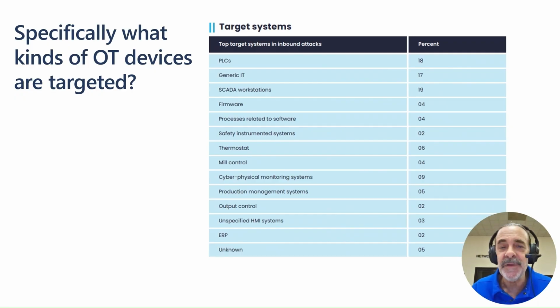What kind of devices are being attacked? The PLCs, the first instrument in the list in the diagram. I mentioned they are the most common and they are the most attacked. You can see thermostat on there, right? Thermostats are present in all kinds of environments, from HVAC systems in buildings to ovens in industrial bakeries.